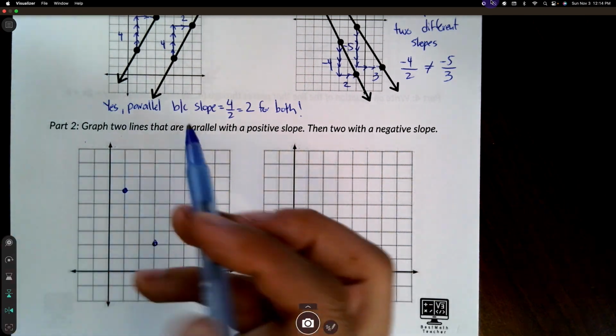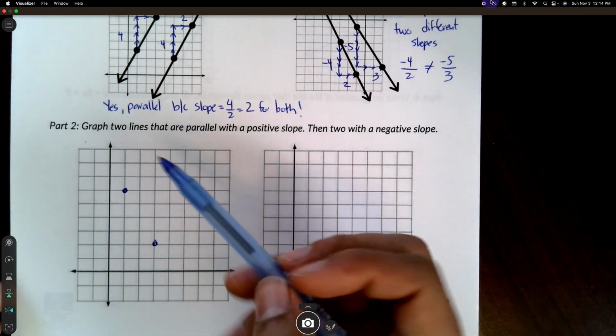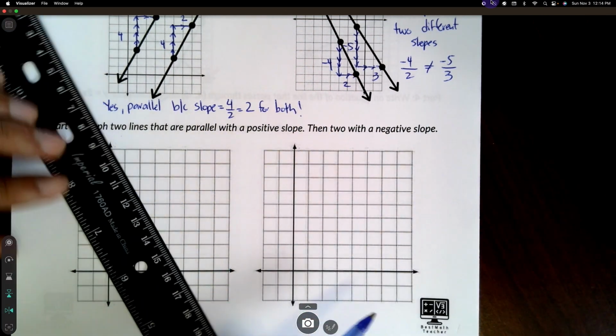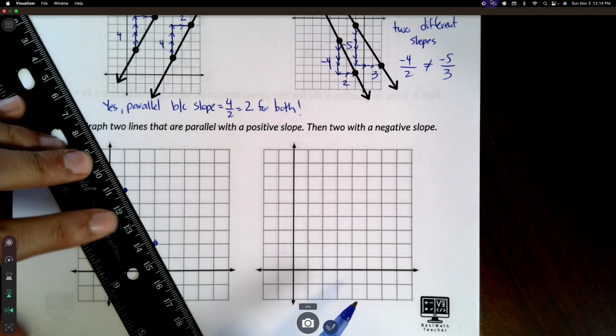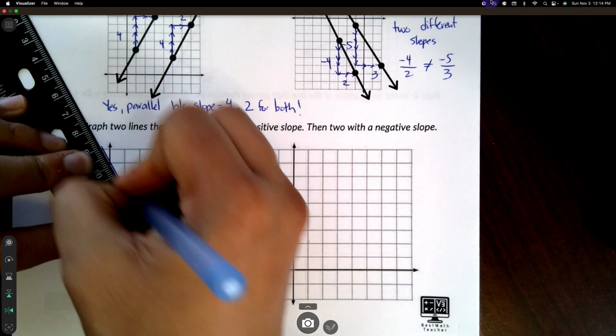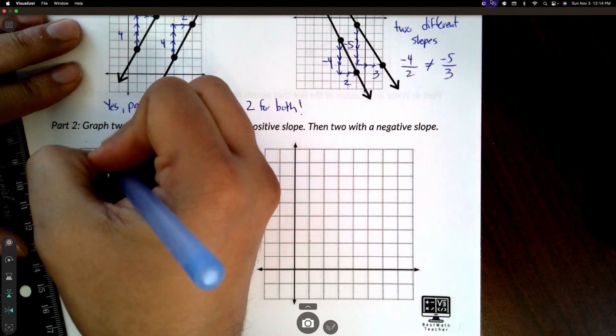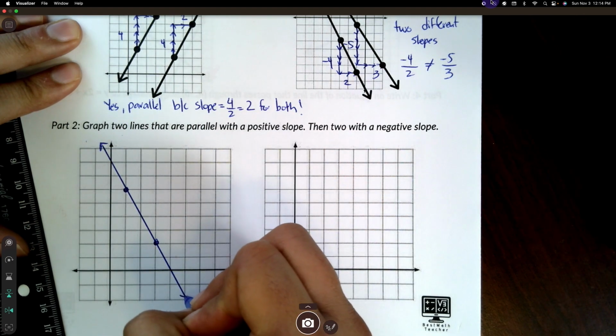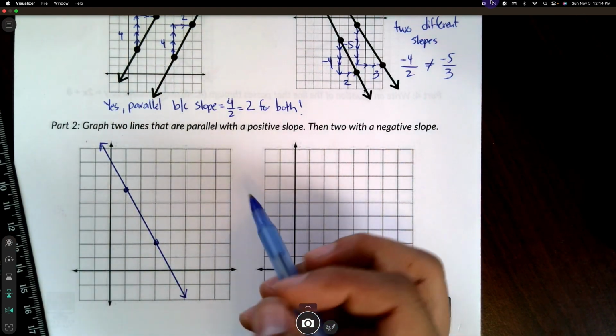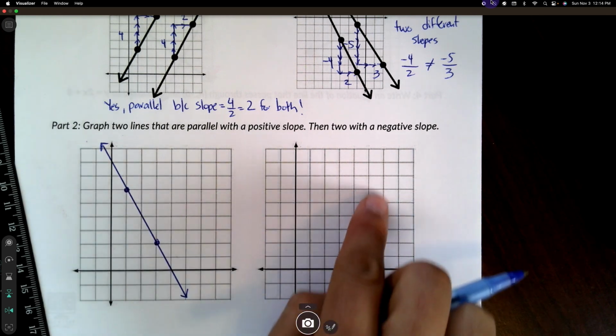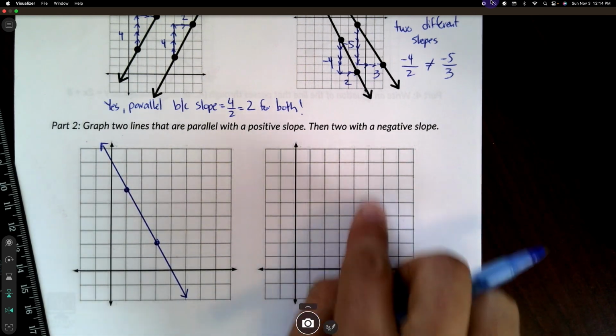Oh, and you know what? Looks like I messed this up because it looks like I'm going down, but I don't think Mr. Martinez specified where to put the negative and where to put the positive. So we're going to say that these are the negative and then these are going to be the positive.